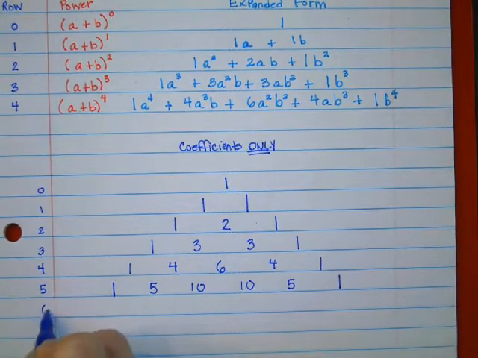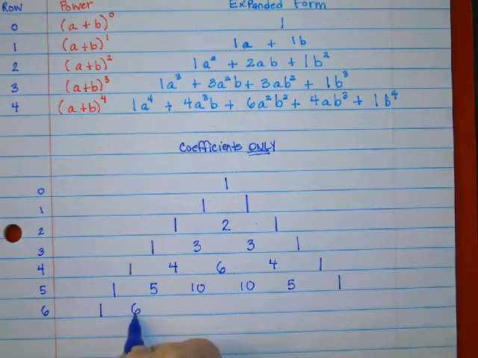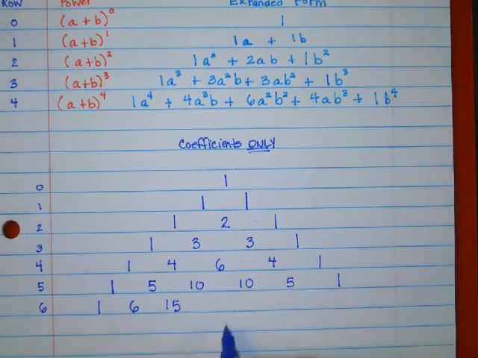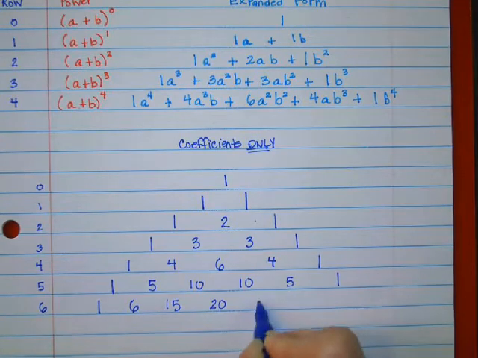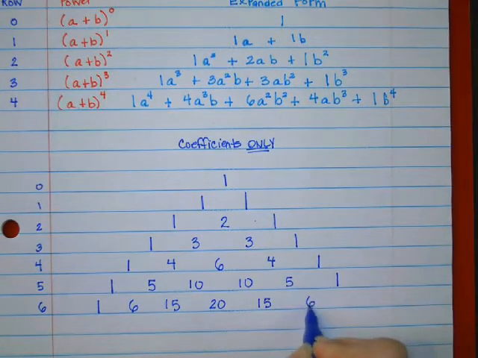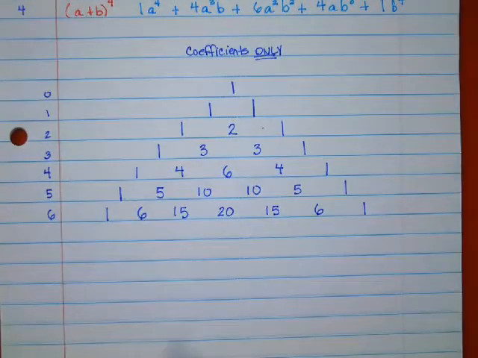Row 6. We're going to start with 1. 1 plus 5, that's right, 6. 5 plus 10, 15. 10 plus 10, 20. 10 plus 5, 15. 5 plus 1, that's 6. And it ends with 1. So move up. We're going to 2 more rows.